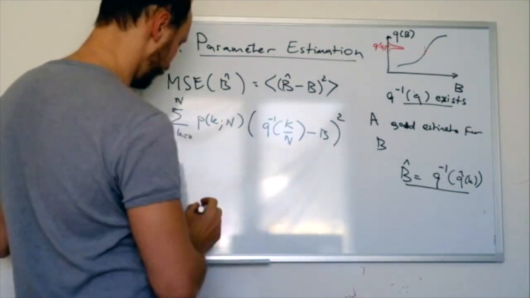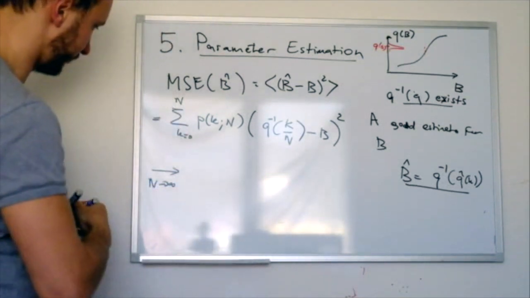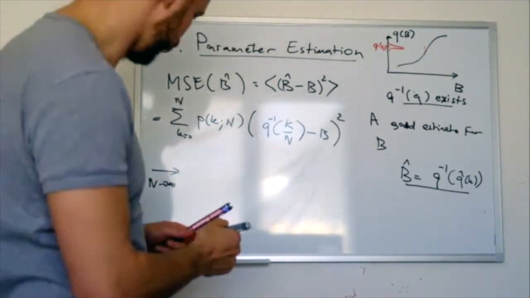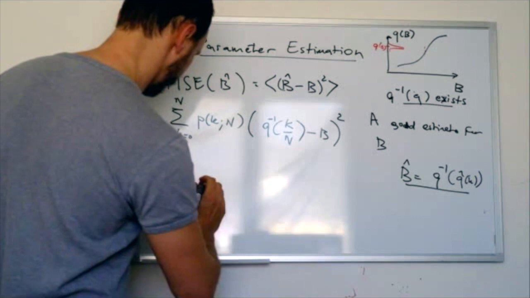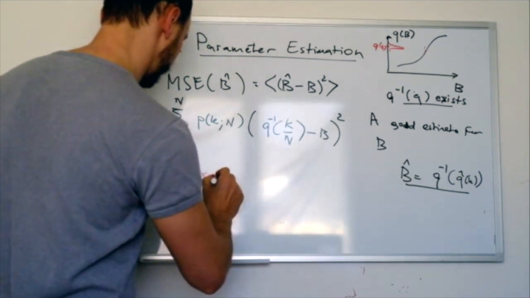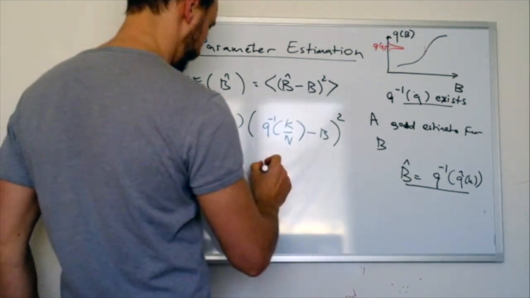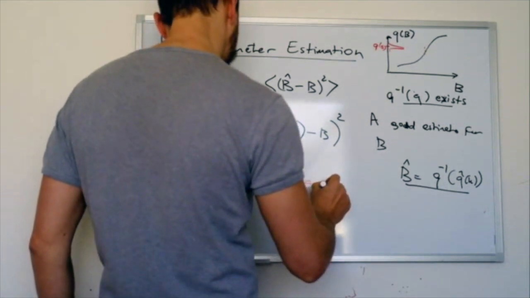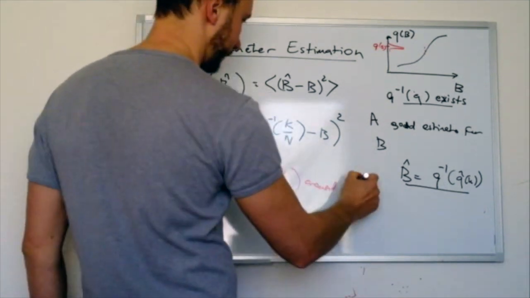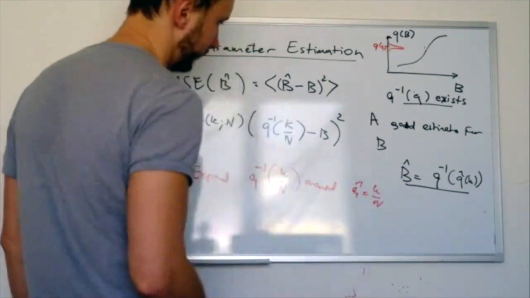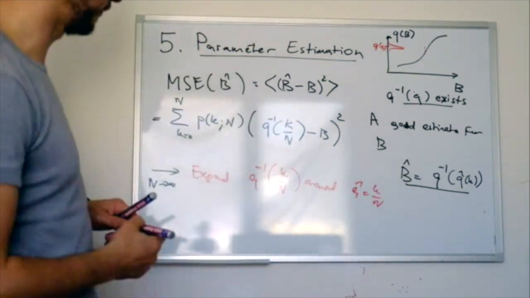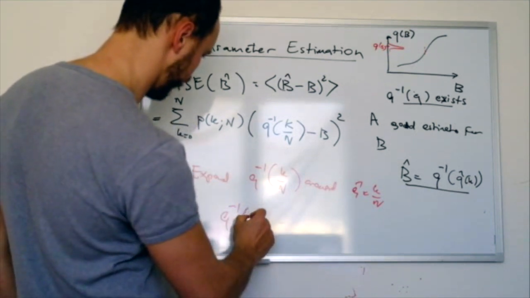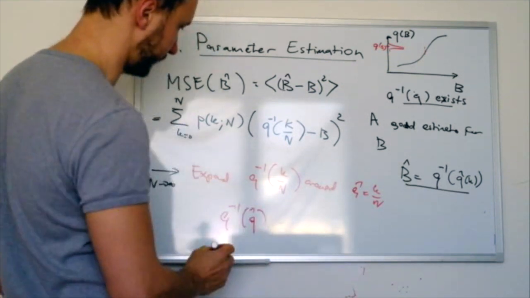So in this limit, we'll just go to the limit and expand this function Q minus 1 of K over N around the mean value Q hat equal to Q over N, right? Because again, this is almost a delta function. And of course, this is just Q minus 1 of Q hat, so of the average.